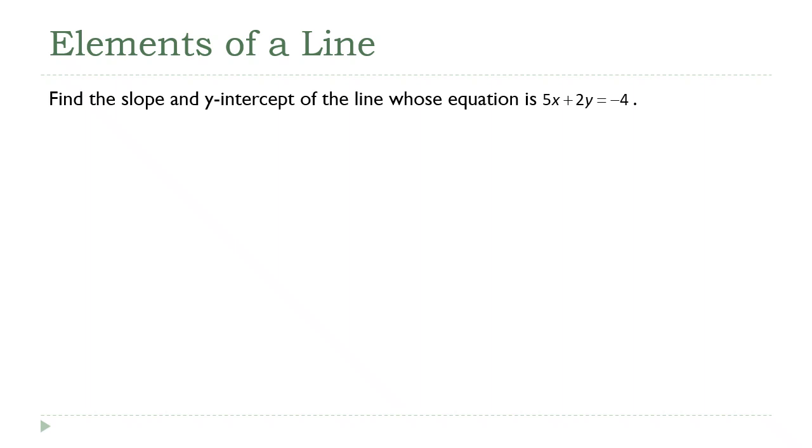So to get it there, I'm going to start with my equation, 5x plus 2y equals negative 4, and I'm going to solve this for y. So I'll subtract 5x from both sides. This becomes 2y equals minus 5x minus 4. And then divide everything by 2.